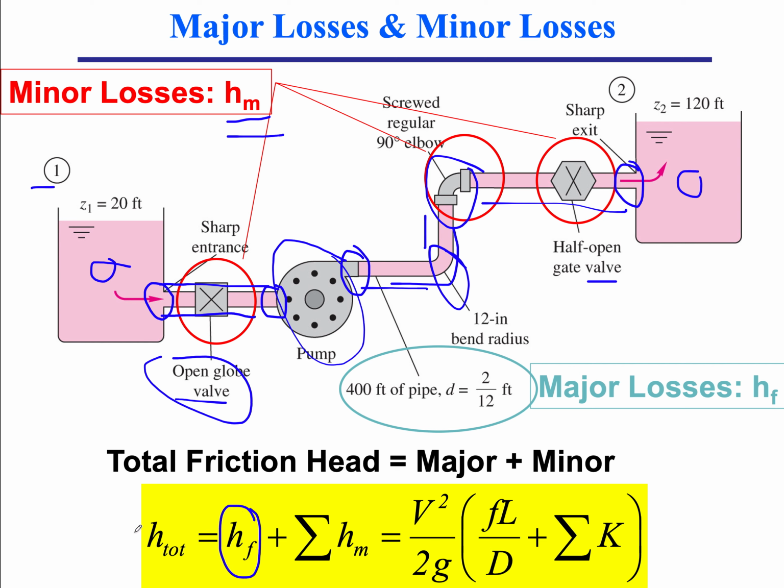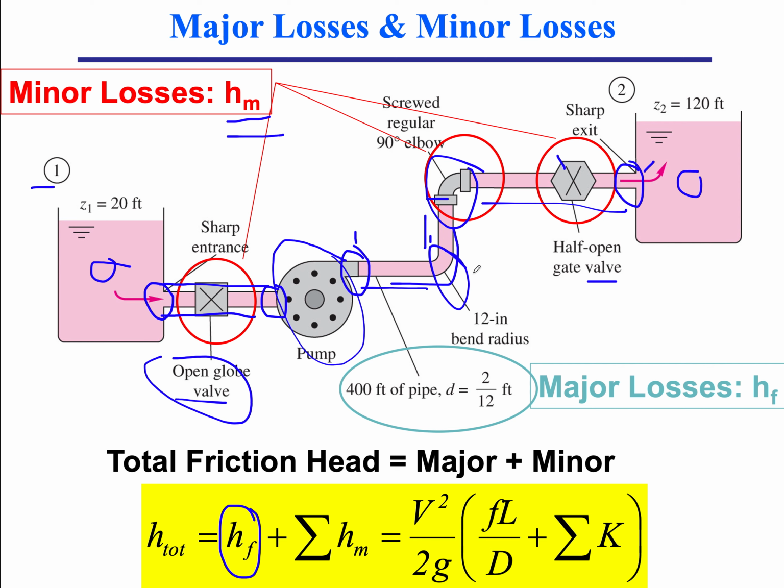So if I look at the pipe fittings, entrance, valve, reducer, I'll have maybe 1, 2, 3, 4, 5, 6, 7, and maybe 8 pipe fittings.